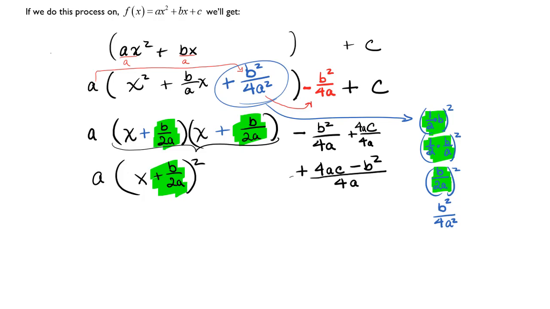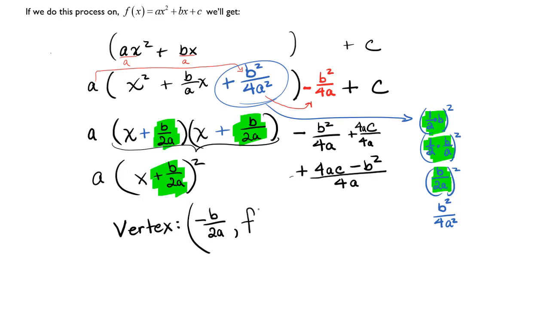So my vertex will always be the opposite of the number inside parentheses. So my vertex on this is going to be at negative b over 2a.